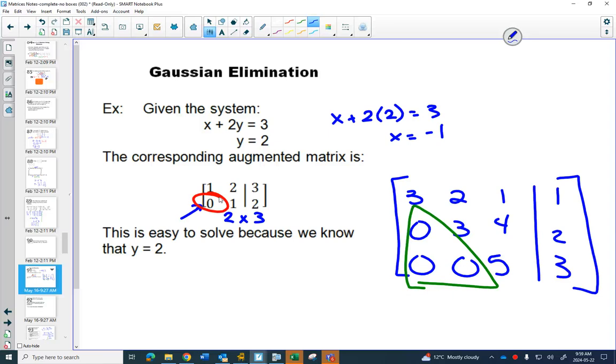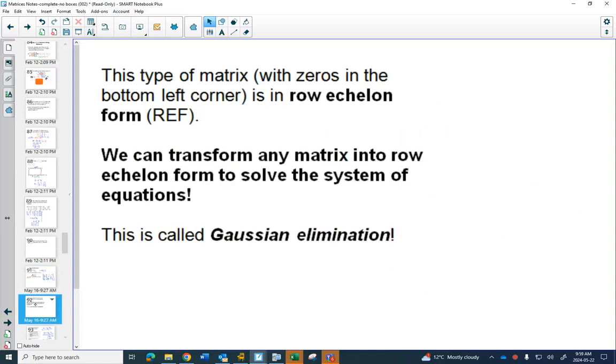And so if you get an augmented matrix in row echelon form with zeros in the bottom corner, then you have an equation like this system where you can solve things easily. Okay?